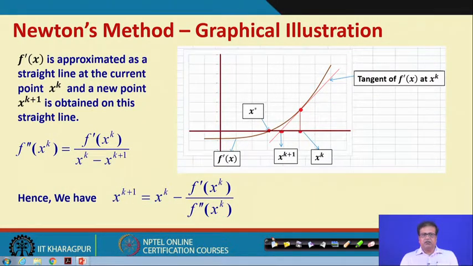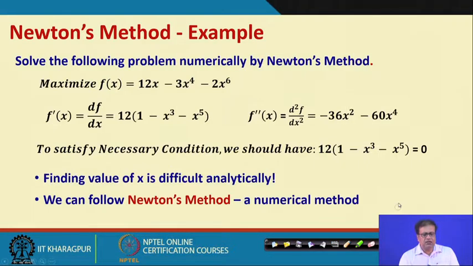If you have understood the method, then let us go ahead and solve a problem and see how exactly it works. So, here is our problem: solve numerically for the optimal point. Suppose you have to maximize f x equals 12 x minus 3 x to the power 4 minus 2 x to the power 6.